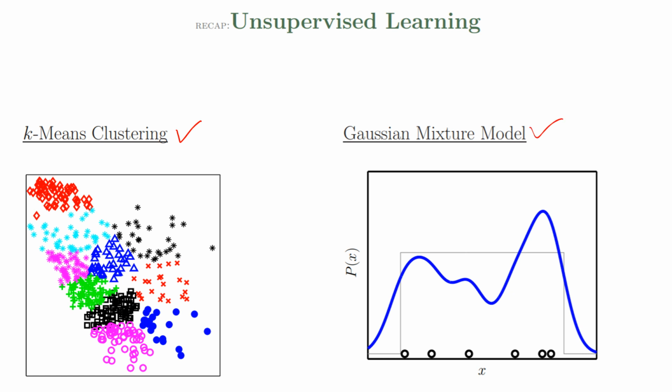K-means clustering utilized these clusters by identifying certain centers in the data, and then we used an alternating algorithm called Lloyd's algorithm to solve that. Next is the Gaussian mixture model, or GMMs, which focused on probability density estimation.